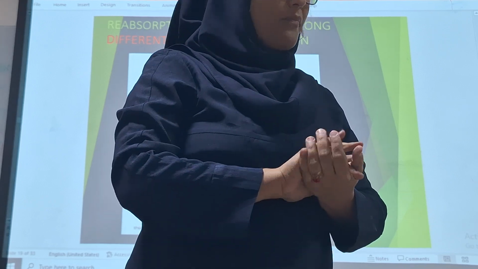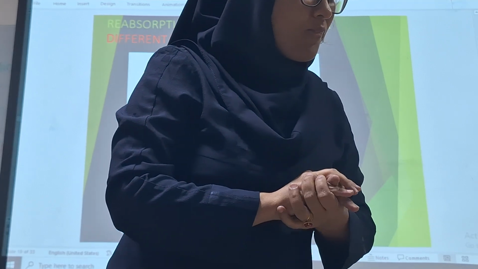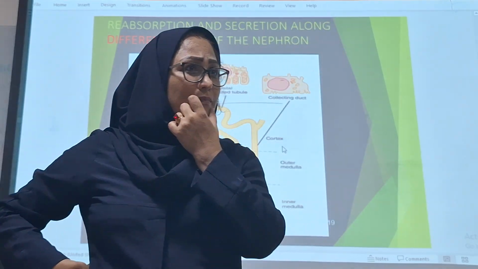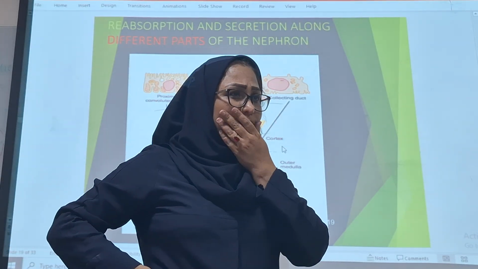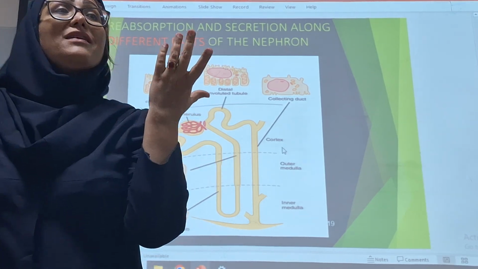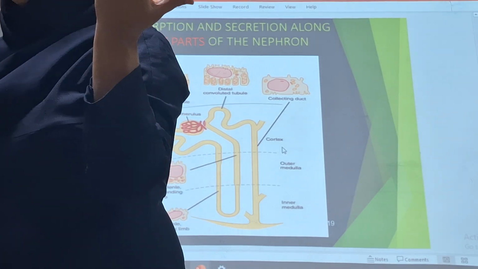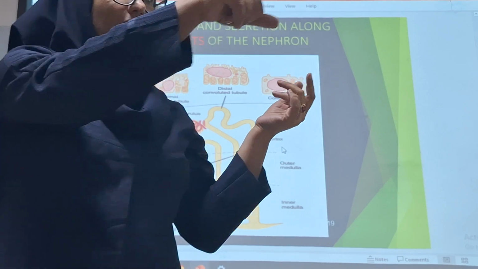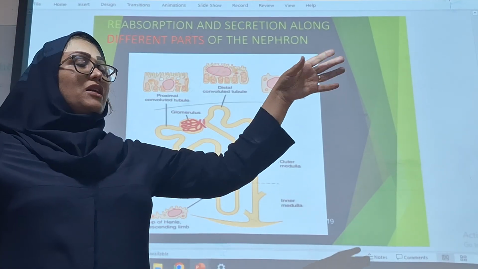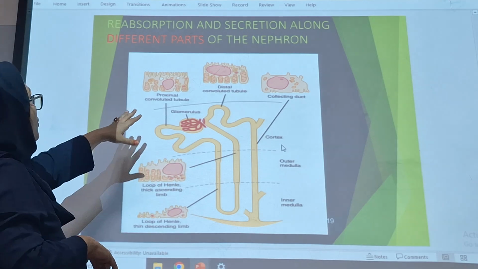The proximal tubule cell has a brush border. What's the importance of the brush border? It increases the surface area for more absorption. It contains a lot of molecules and proteins for reabsorption.